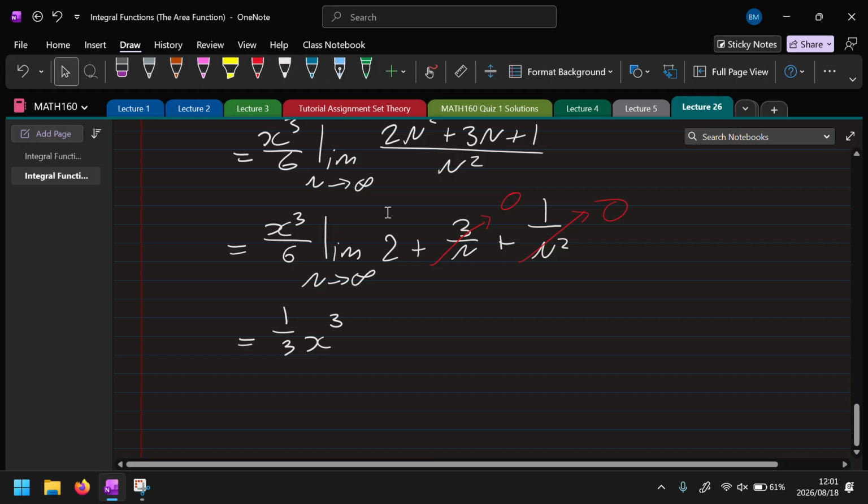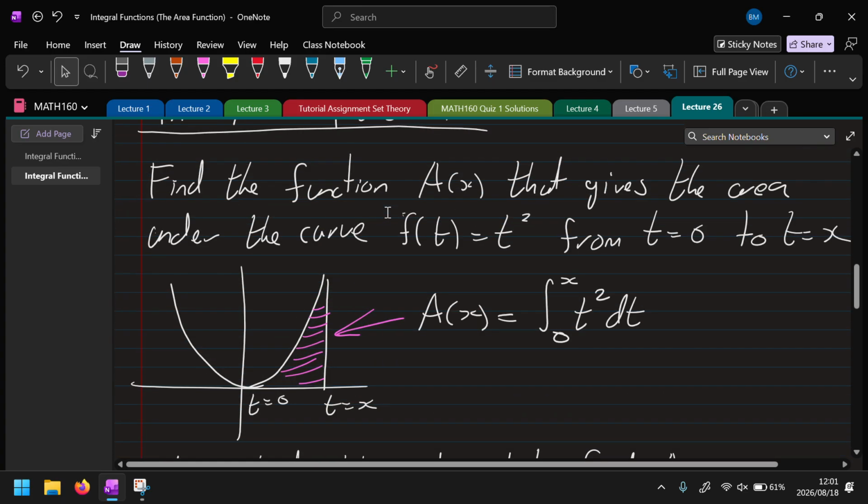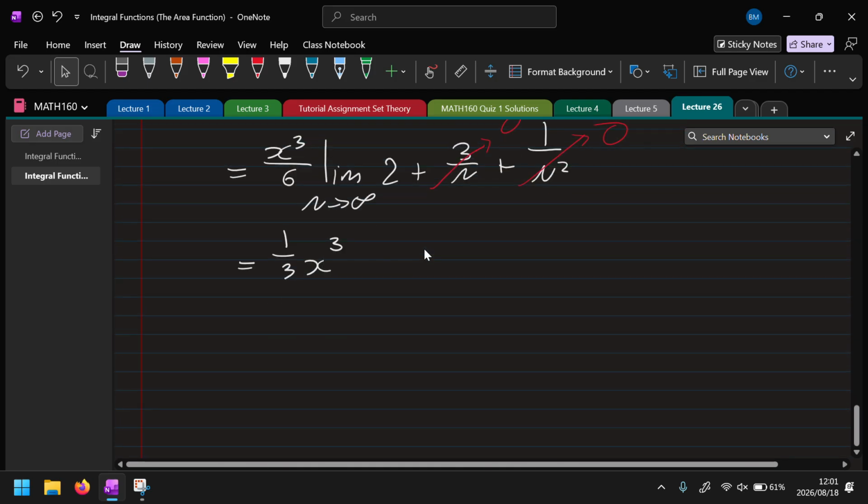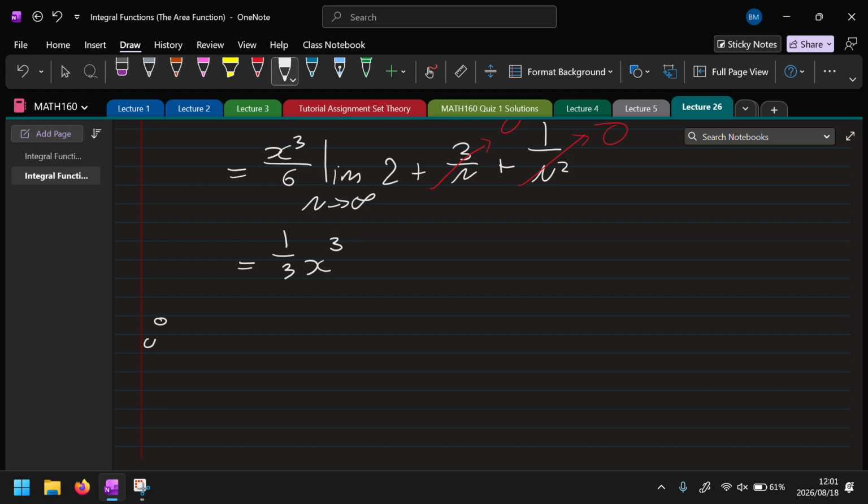So this complicated looking thing on the right here, this integral function, we can evaluate that, and that gives us 1/3 x cubed. Therefore, A of x is equal to 1/3 x cubed. Very simple.